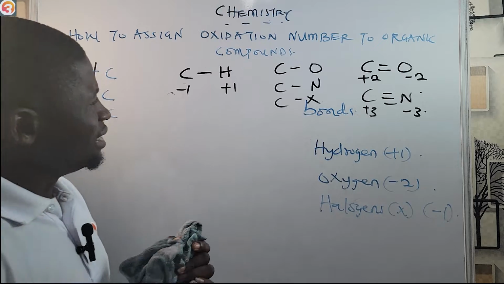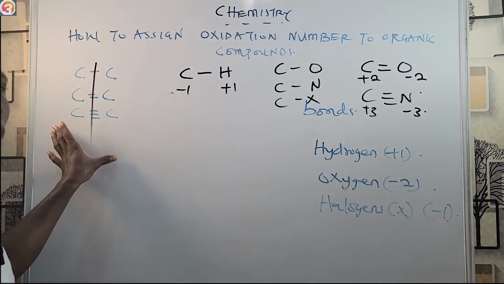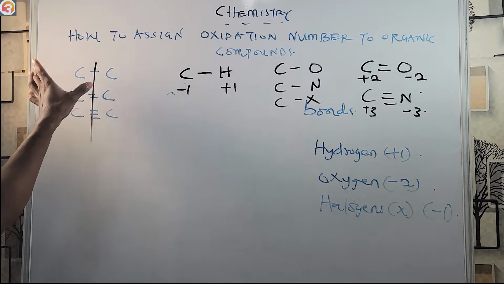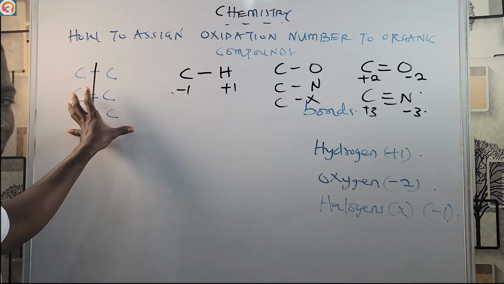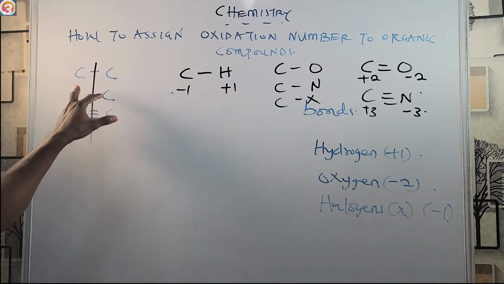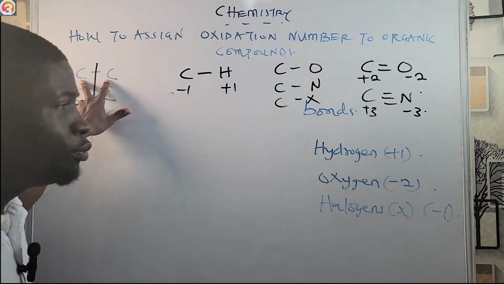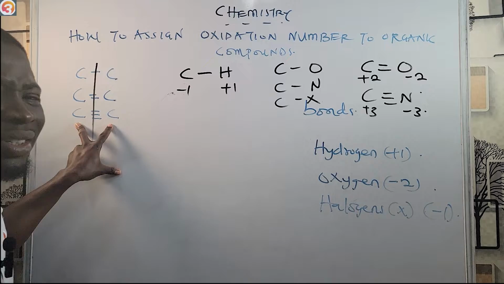Now, to explain this better, what I'm saying is that we ignore carbon to carbon bonds, either double, single, or triple, because there is no difference in electronegativity between these two carbon atoms.